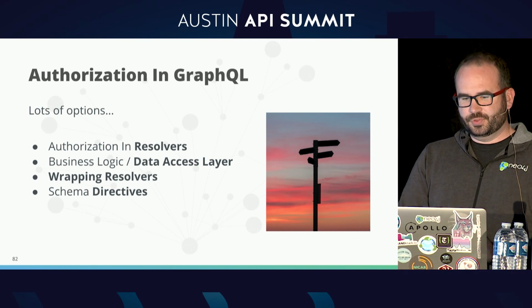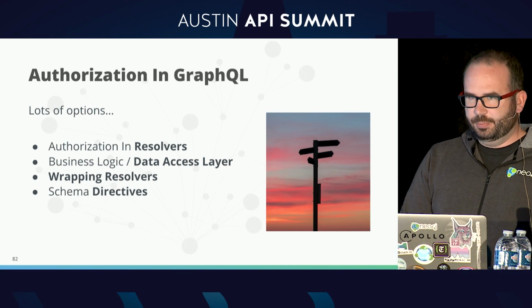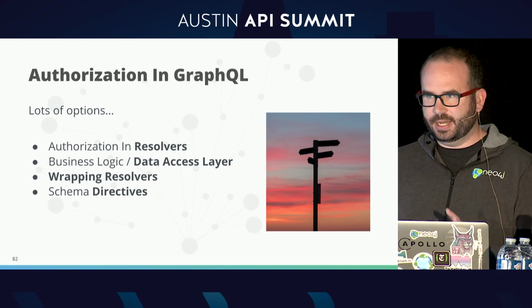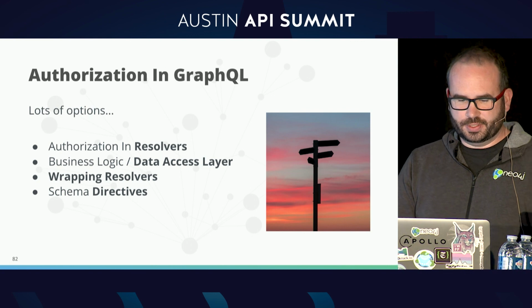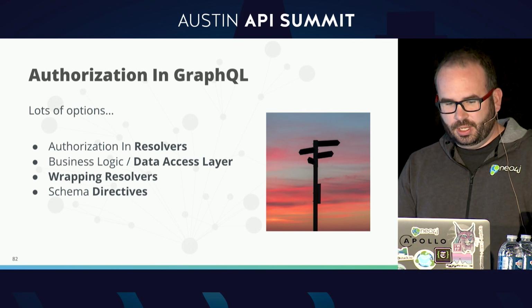We can delegate that to a business logic or data access layer, and just call that from within our resolvers. We can wrap our resolvers with something we might think of as GraphQL middleware, or we can use schema directives. We saw an example of that with the Cypher schema directive, where we're annotating our type definitions. We can use schema directives there to define our authorization rules in our type definitions.